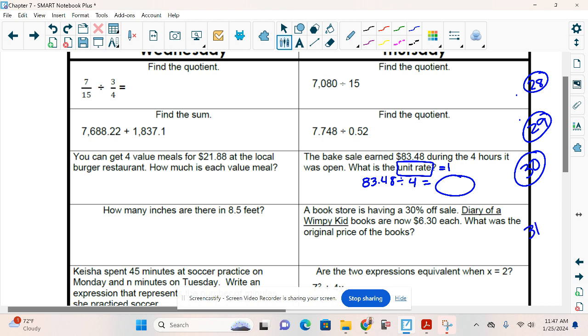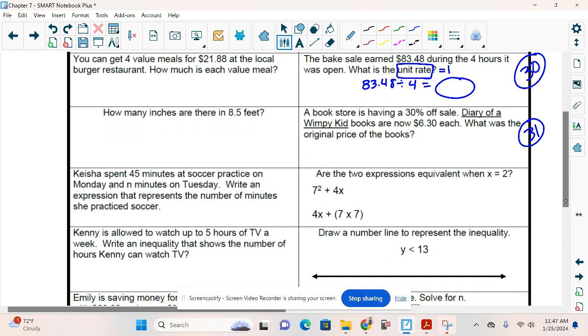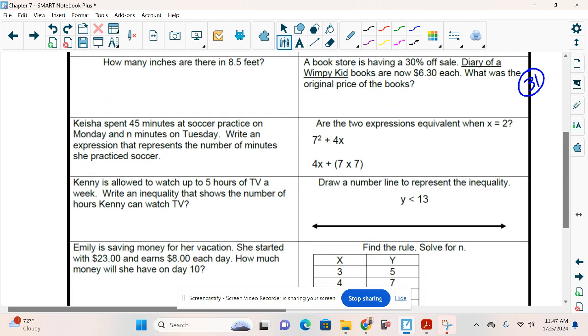Number 31. A bookstore is having a 30% off sale. Diary of a Wimpy Kid books are now $6.30 each. What was the original price? So I see percent, so I'm going to make a percent box.